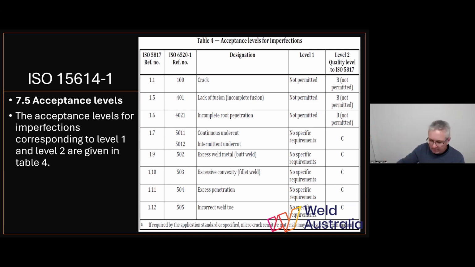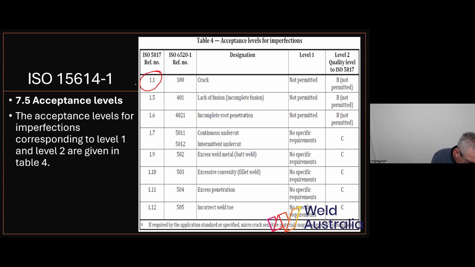But what they've done in this particular document is they've gone, righto, for this particular document, all we need to know is the reference number that you can get, and 5817 is not a bad standard to have anyway, but you've got the reference number there.